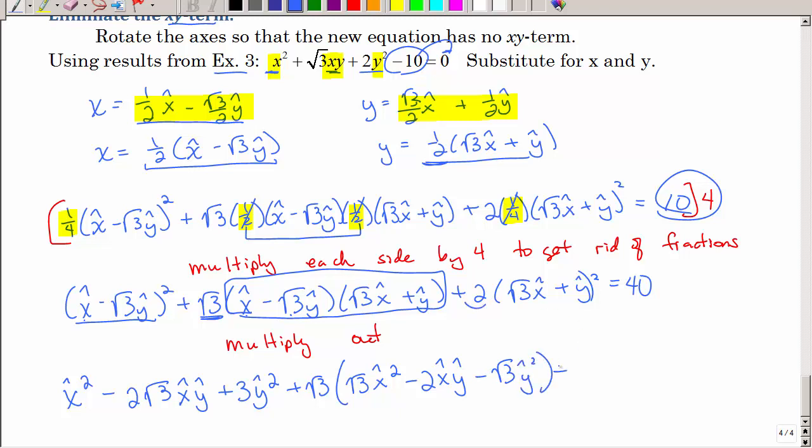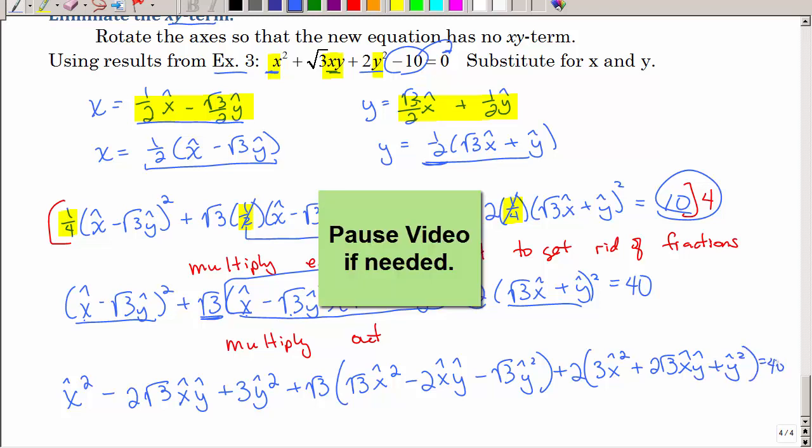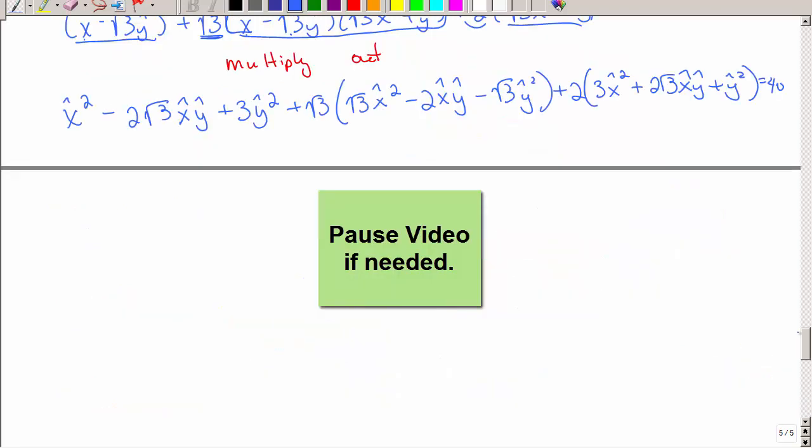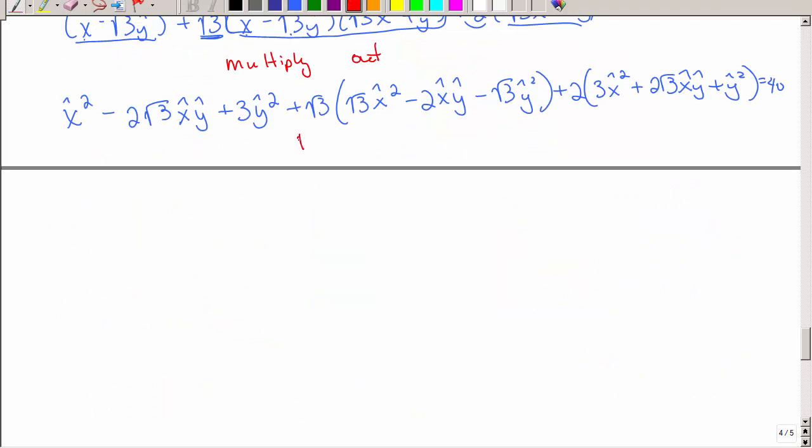I'm going to keep that 2 there, and again I'm going to FOIL that out. Pretty messy. Okay, so the next thing I'm going to do is go ahead and distribute where I can, which would be this to all 3 of those, and this to all 3 of those.